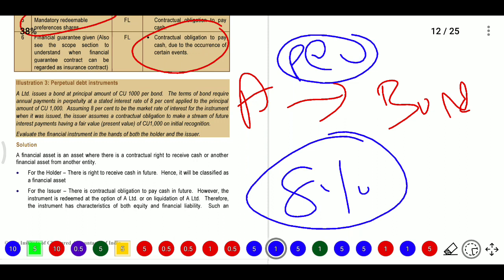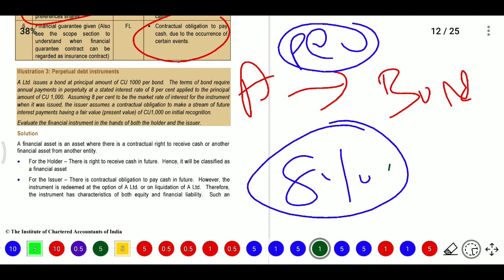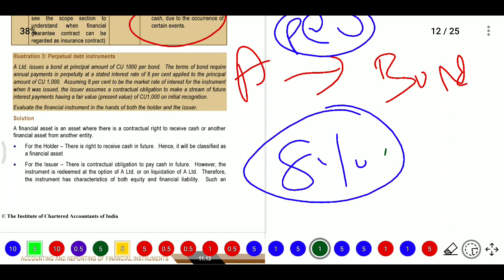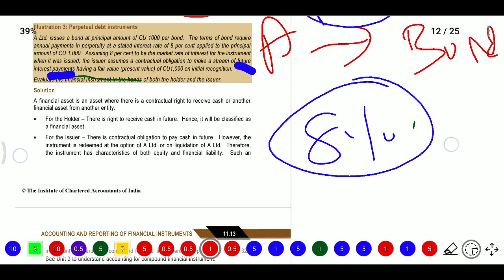They will pay interest continuously. Here the contractual obligation for future interest payments has a fair value, a present value of CU 10,000. So it will be a financial asset.